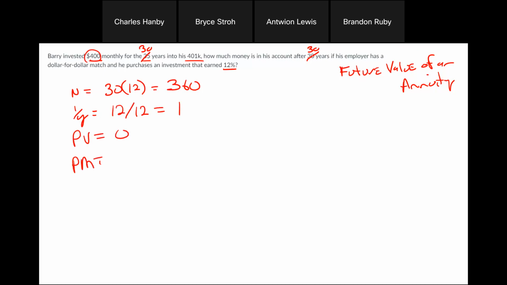Then payment is where the deposits go. We've got the 2 deposits of $400, entered as a negative. Then compute future value, and you get $2,795,971.31.